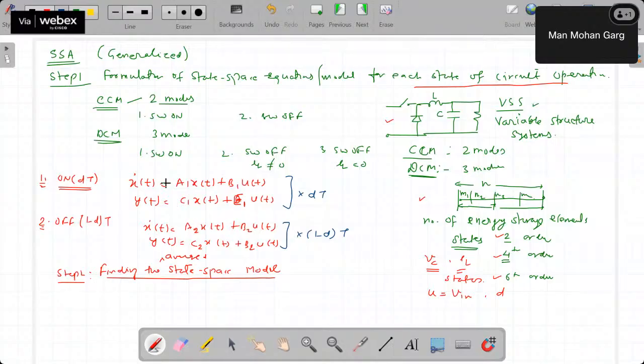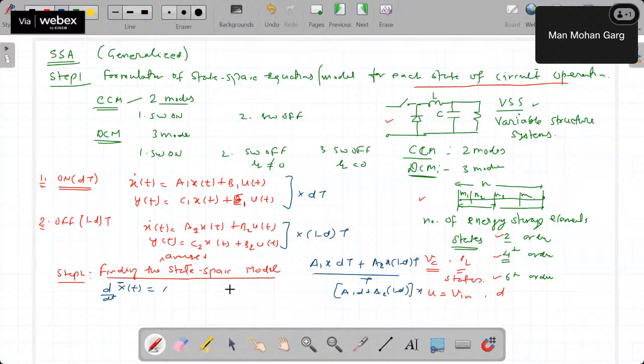So what is that? If you multiply this, then d/dt of x bar(t) equals A1 x DT plus A2 x (1 minus D)T, divided by T. What we get is A1 D plus A2 (1 minus D) into x, and T will cancel out.